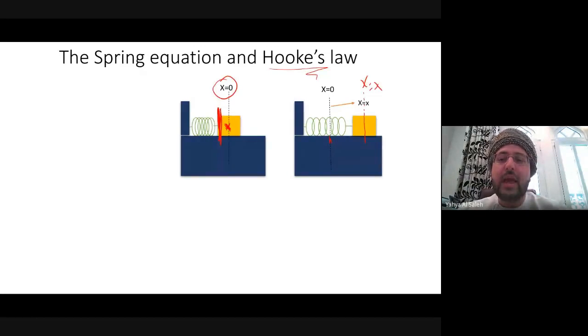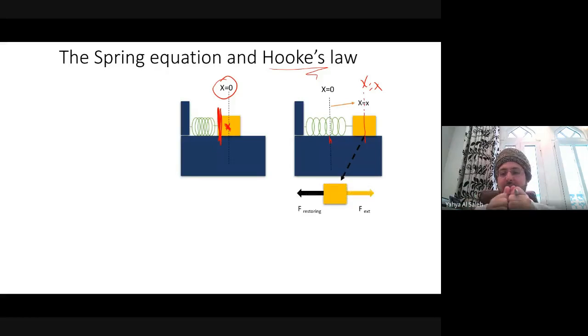Now, this extra thing that we have done, the spring, if you have ever played with a slinky or a rubber band or a spring, you will know that it wants to go back to where it was coming from in the first place. And what we call this is a restoring force, F restoring. So we have F extending, or the one we are actually applying, and then the spring itself wants to go back, so it's pulling, the F restoring.